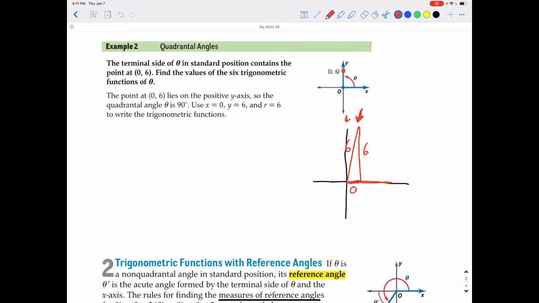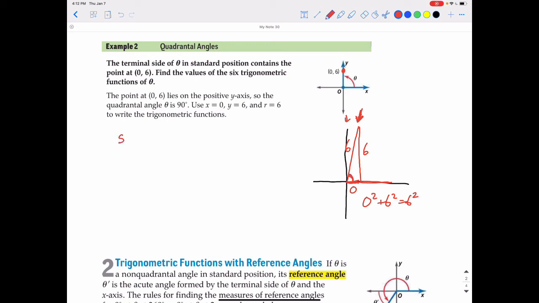This still does follow the Pythagorean theorem, because 0 squared plus 6 squared is still equal to 6 squared. So now that we've got the measurements of the three sides of our very strange looking triangle, we can now find the 6 trig functions of that angle right there.